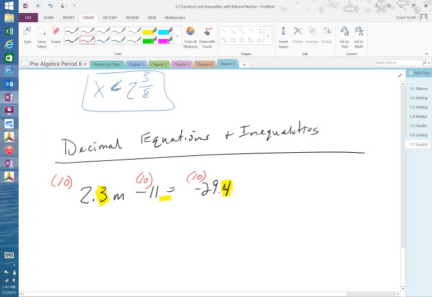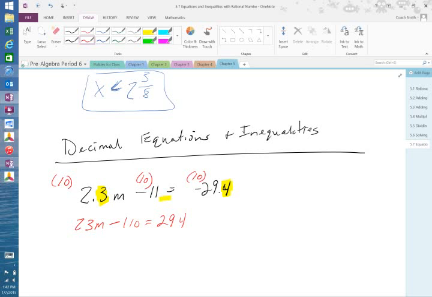When you multiply 10 times 2.3, it becomes 23m. Minus, what's 10 times 11? 110. Equals 294. So I'm just taking out the decimal.